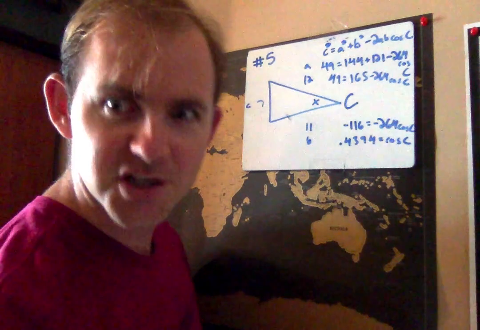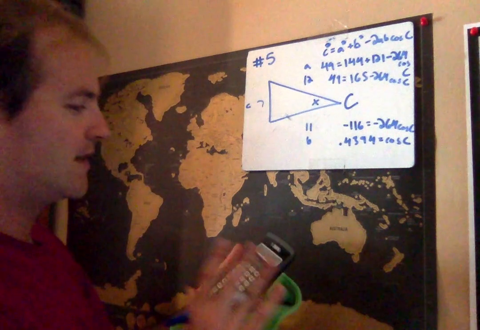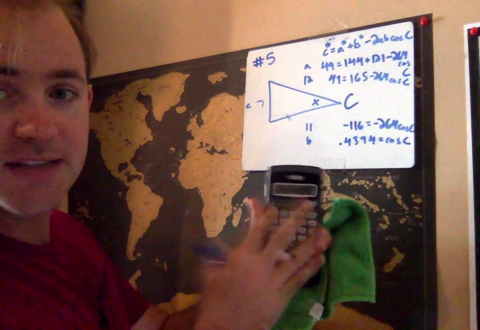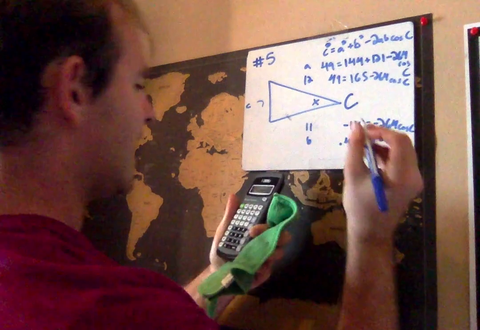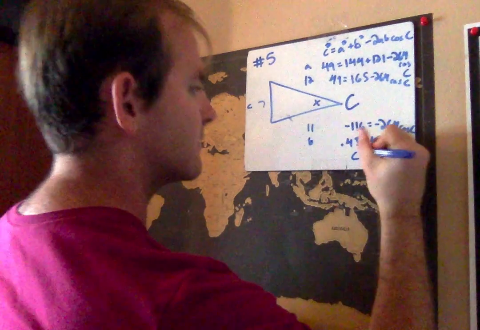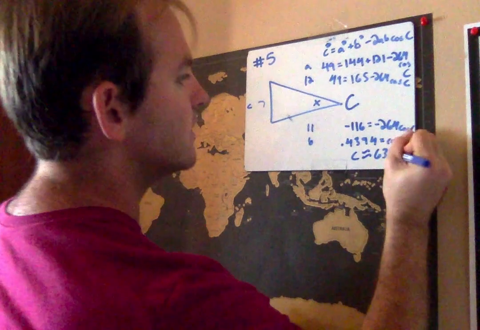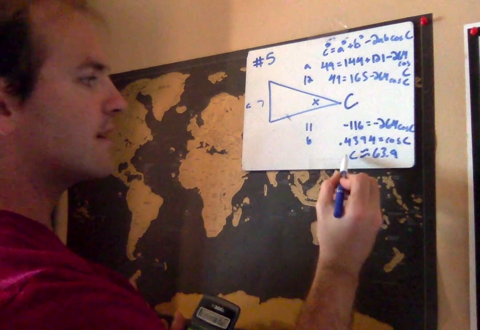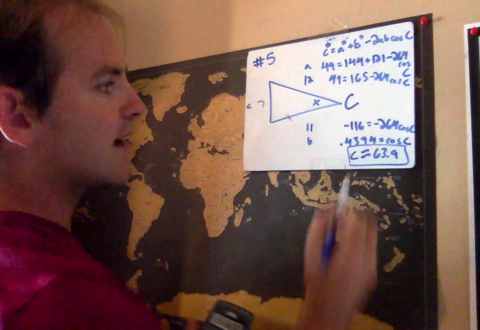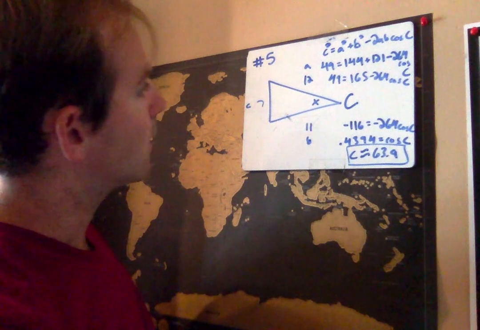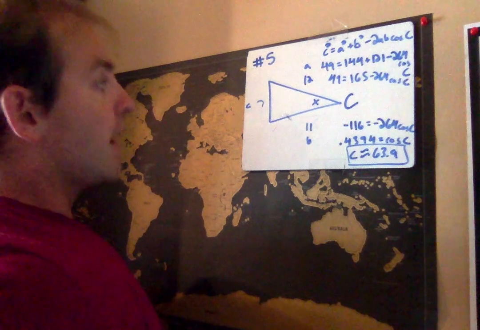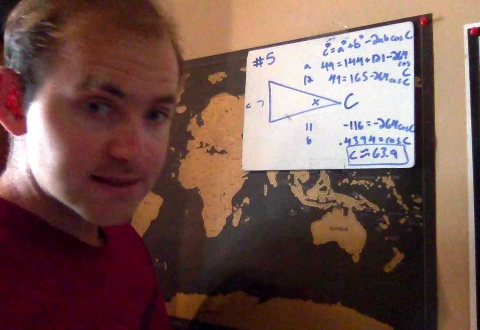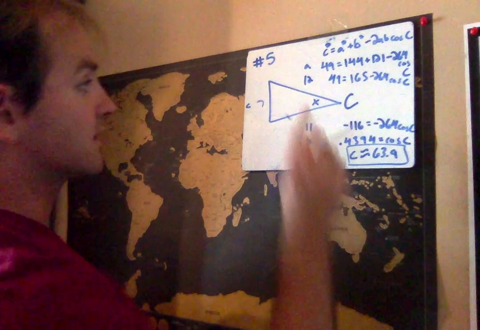Anyone? Oh my gosh, inverse trig. So I'm going to hit my second key, the big green button, and then I'm going to hit cos, and I'm going to get 63.9. All right? So in this particular case, this angle right here is about 63.9 degrees. Okay.